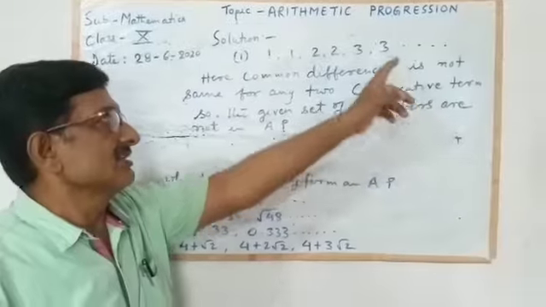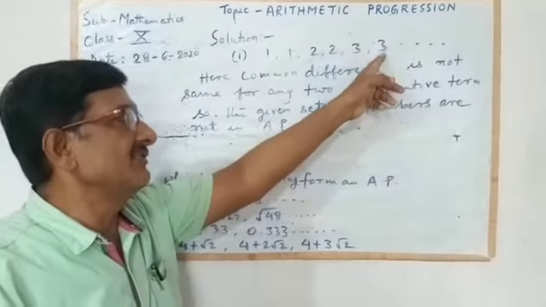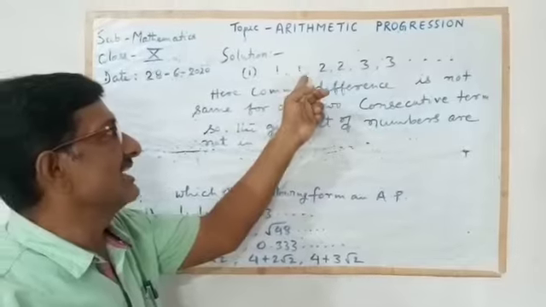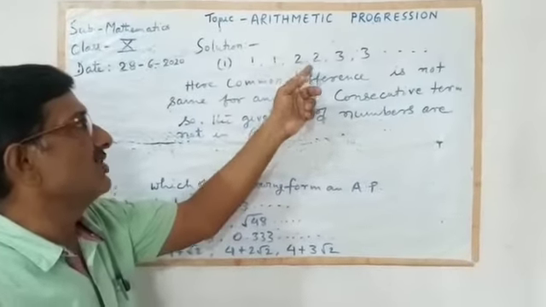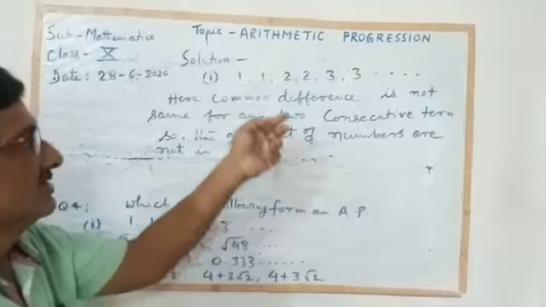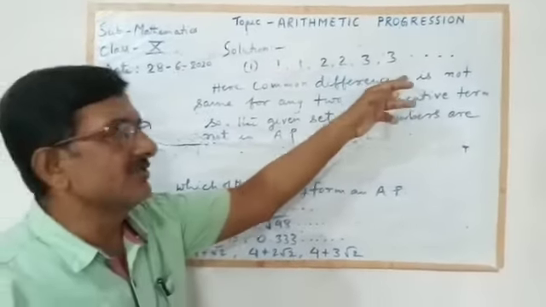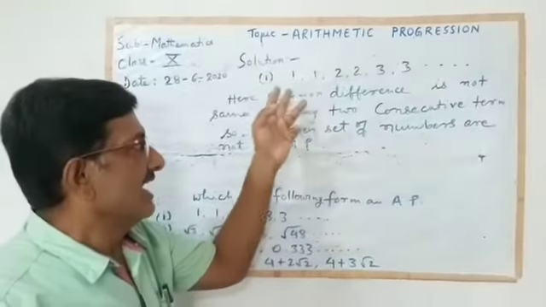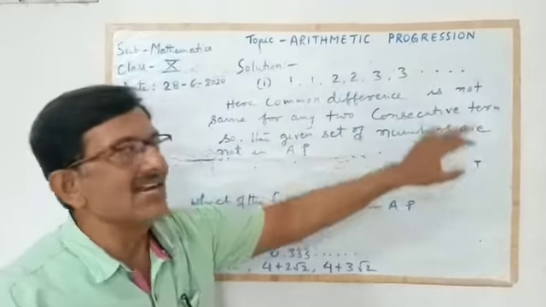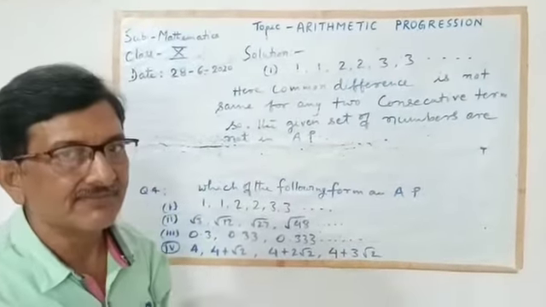Suppose we subtract 1 from 1, we get 0. When 1 is subtracted from 2, we do not get 0; that is equal to 1. The common difference should be the same for any two consecutive terms. So the given set of numbers is not in AP.